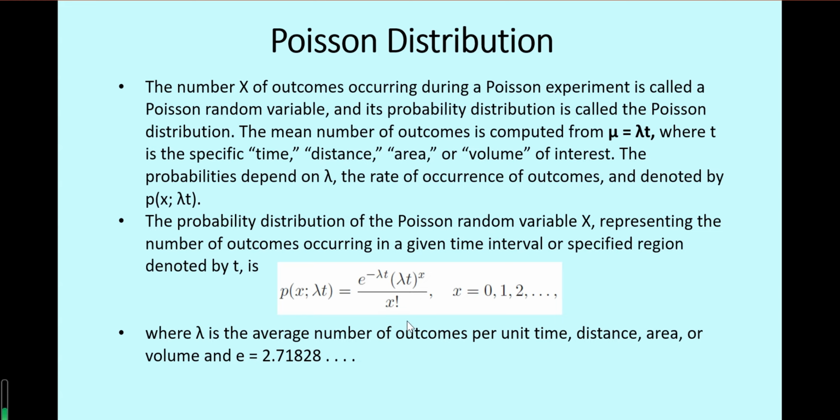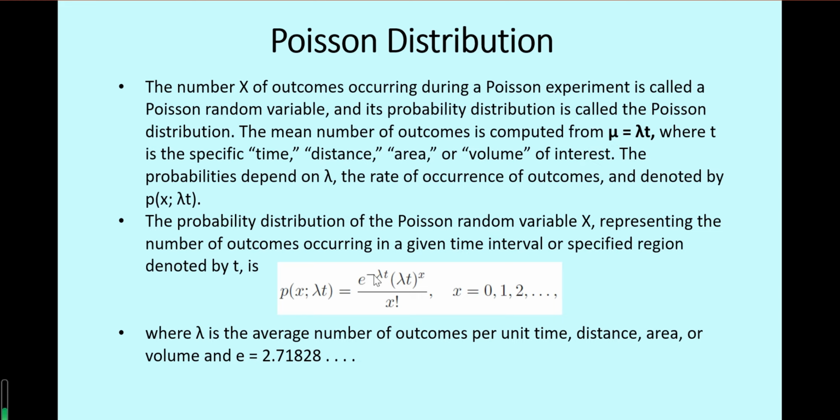For example, if we want to find the probability of occurring 2 times in 10 hours, we fill in 2 factorial in the denominator. In the numerator, there is a multiplication of 2 parts. The first is the power part, negative lambda t, where lambda t is also this mu.